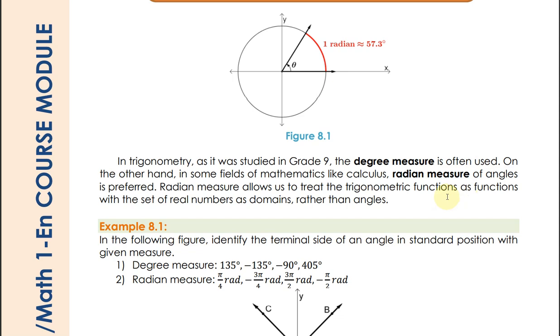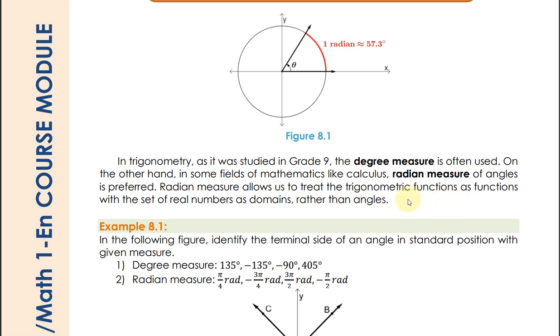That is by pressing shift, then mode, then you choose radian or rad. If you wish to go back to degree measure, then you press again shift, mode, then you choose degree or deg.